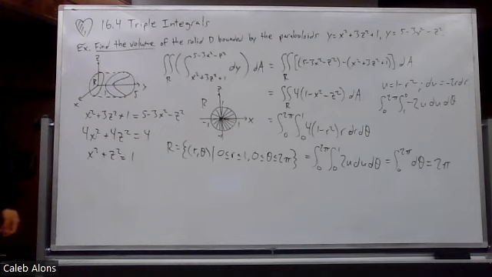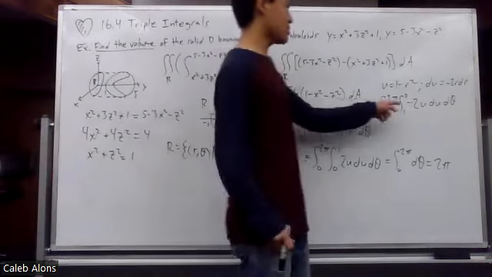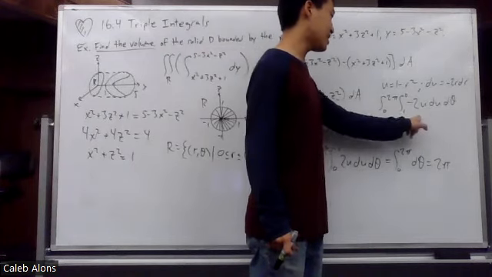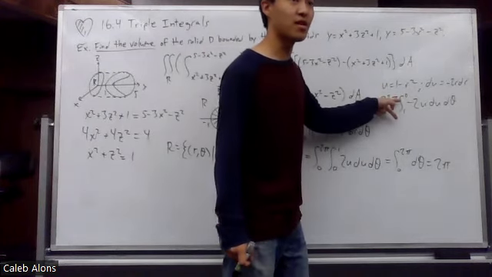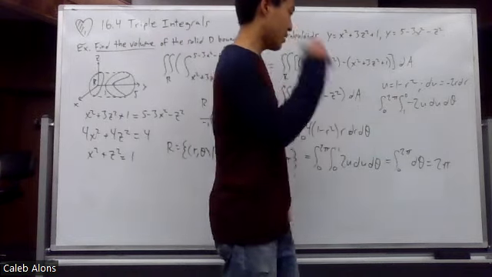But this is easier. So is it that if there's a negative, you just switch the limits around? Yeah, there's a property with definite integrals where if I have a minus, then I can change the order of my limits of integration.